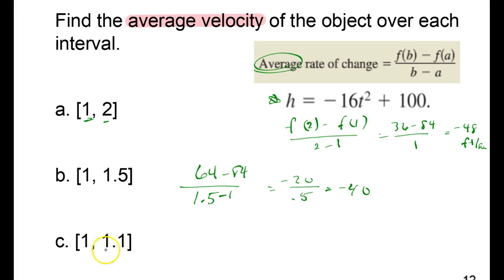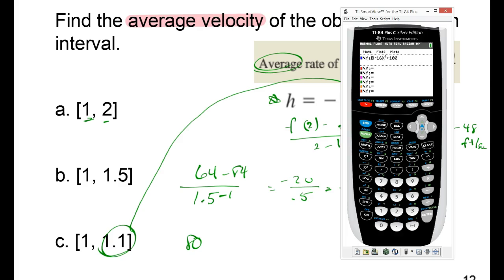And then if I were to push these 2 points even closer together, remember we're getting closer and closer to the instantaneous rate at just 1, which I'll show you in just a moment. But if I evaluate the function at 1.1, I always think the easiest way to evaluate is to go to your calculator. I'm going to trace it so I can see the function. If I evaluate it at 2, I can see I'm at 36, and at 1.5, this is how I'm coming up with the numbers really fast.